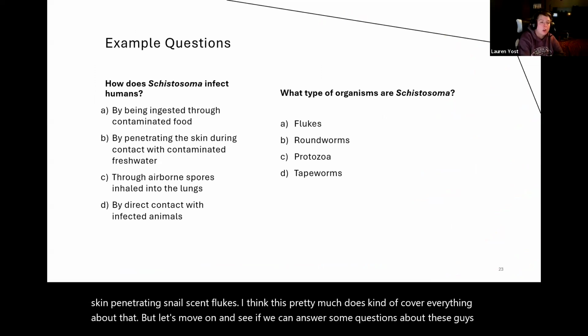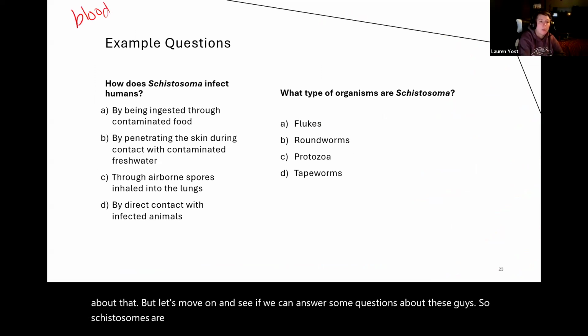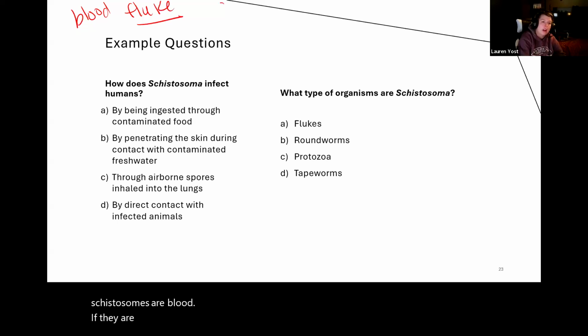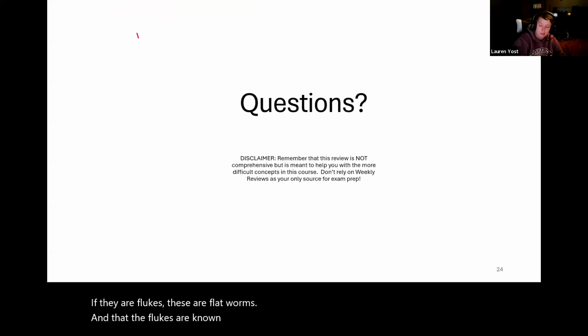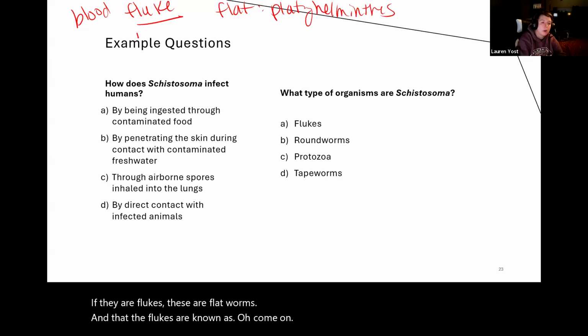So schistosomes are blood flukes. If they are flukes, these are flatworms, platyhelminthes. And then the flukes are known as trematodes.